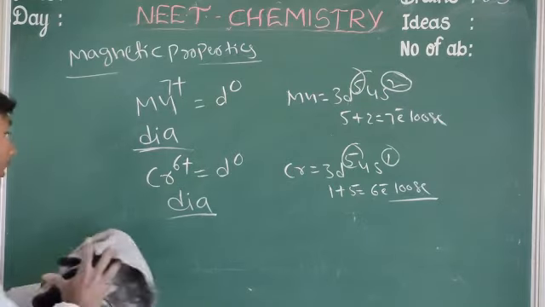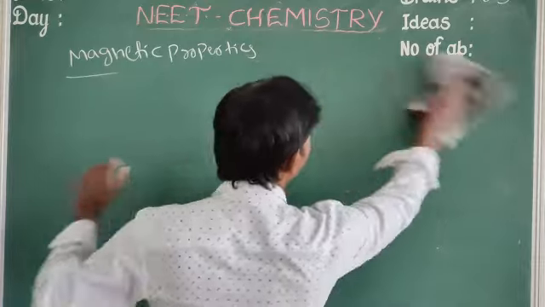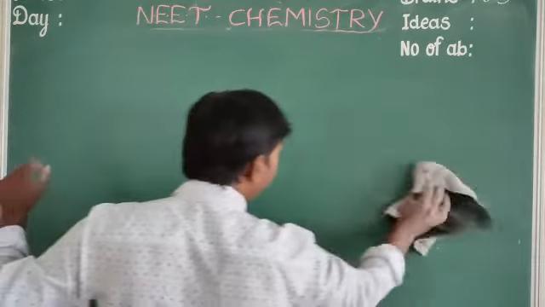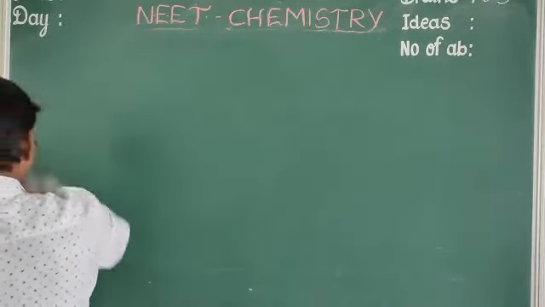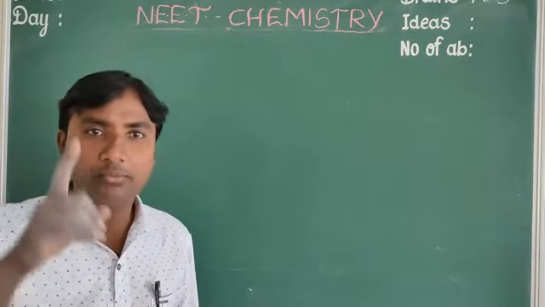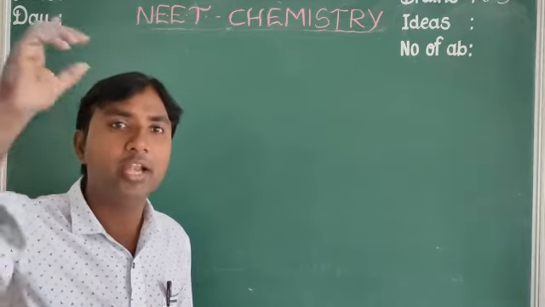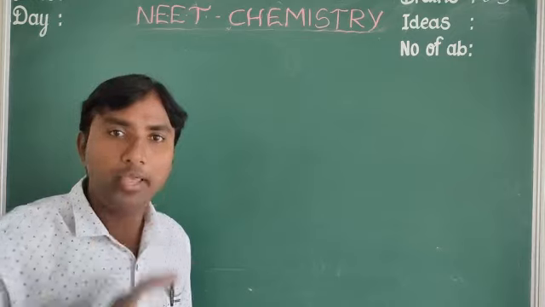So like that you have to find out; it will come again in coordination chemistry. Now we have it perfect, so coordination chemistry we can easily explain. Cobalt 2+ means d8. Cobalt 3+ is d7. Nickel 2+ is d8.